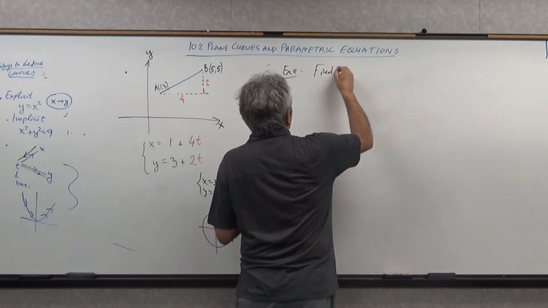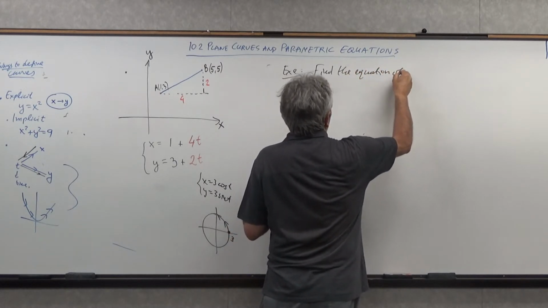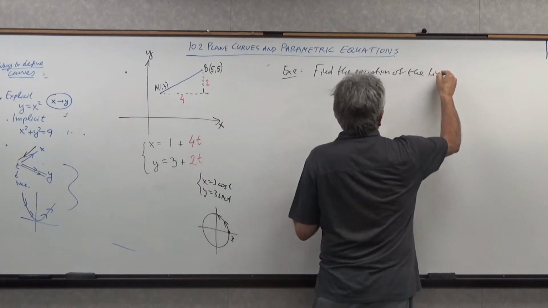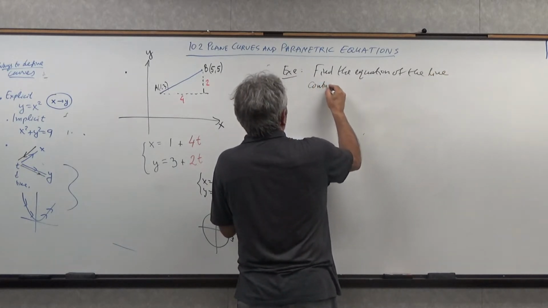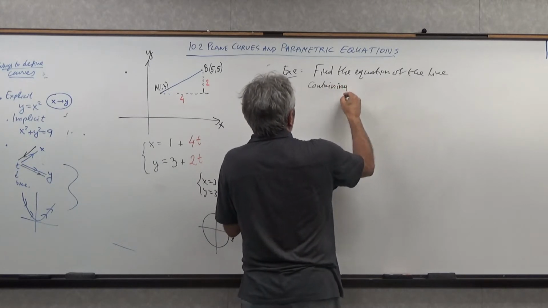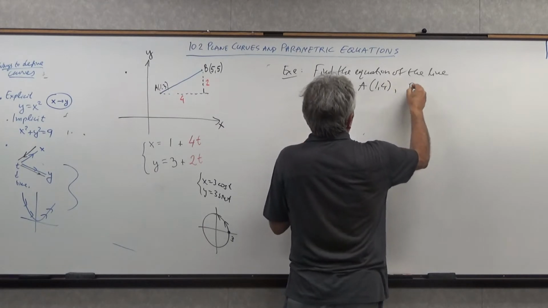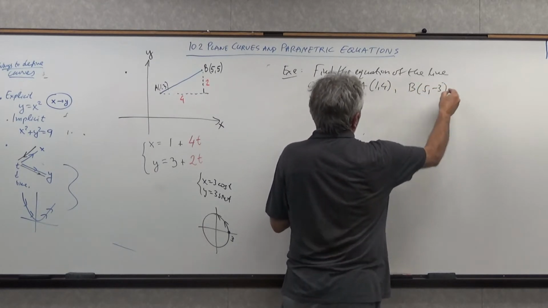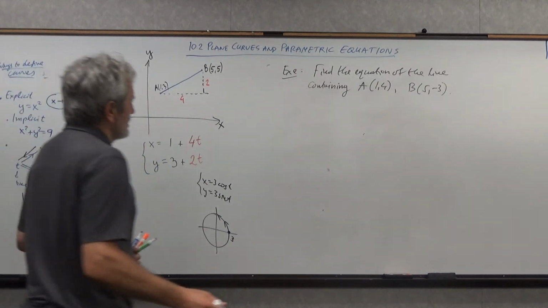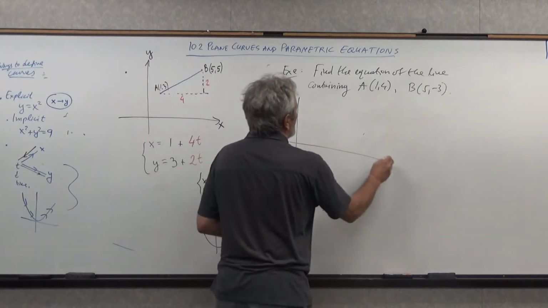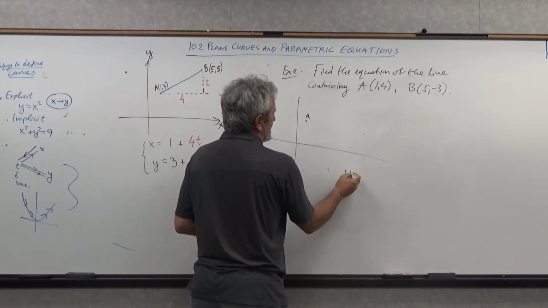Find the equation of the line containing points A (1, 4) and B (5, -3). We already analyzed a similar problem a minute ago. So what was the story? So A is (1, 4), which is here, and B is (5, -3).